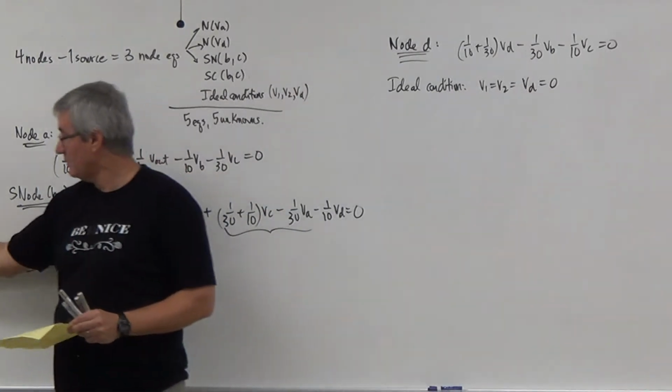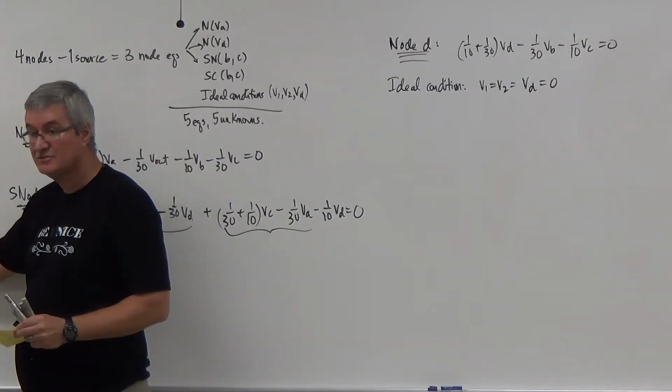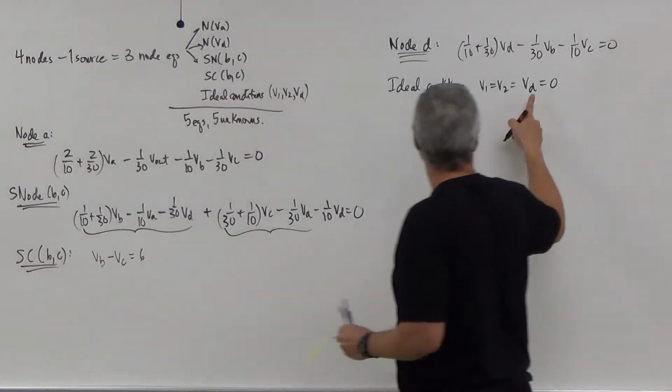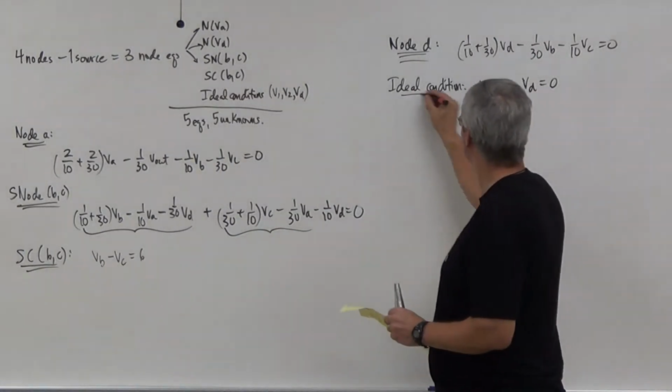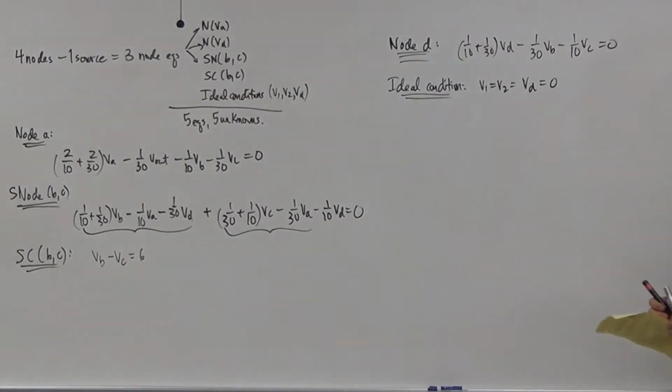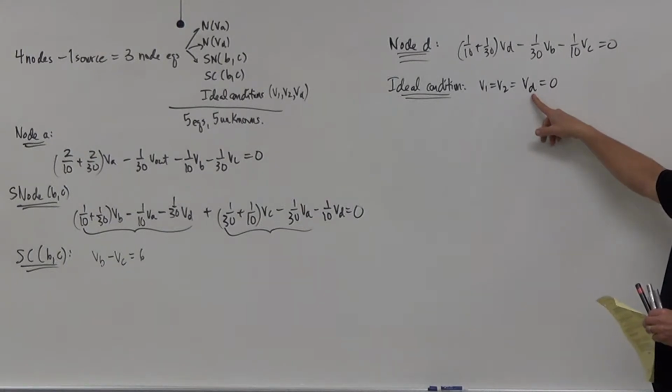So that node must be the same as this node, which is this guy equal to 0. So now what am I going to do? I'm going to matrix this guy up. But probably the first thing to do here is that I'm going to come back and I'm going to set VD equal to 0. Right?